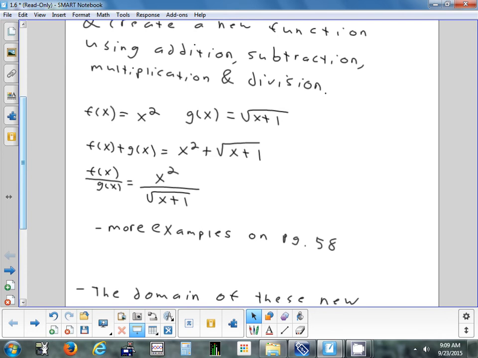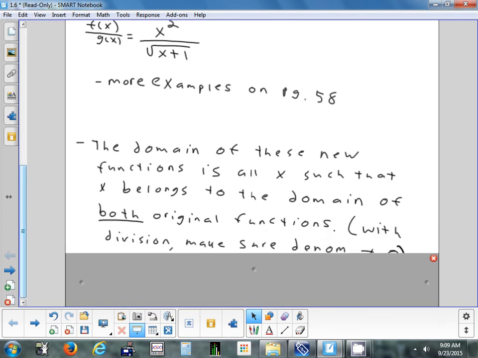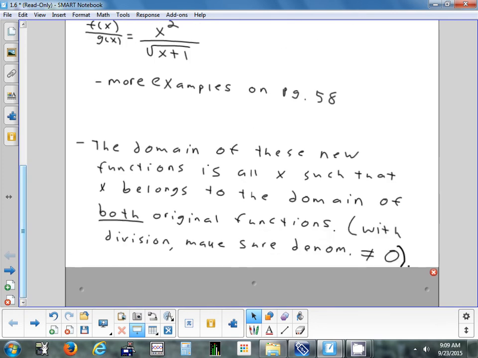It belongs to one, but not the other. 2, on the other hand: 2 squared is 4, so I can plug 2 into f of x. 2 plus 1 is 3, so I can plug that into g of x. So 2 is a number that belongs to both of the original domains. Any question on what I mean by belonging to both and not just one? So the domain of the new function has to belong to both of the originals.